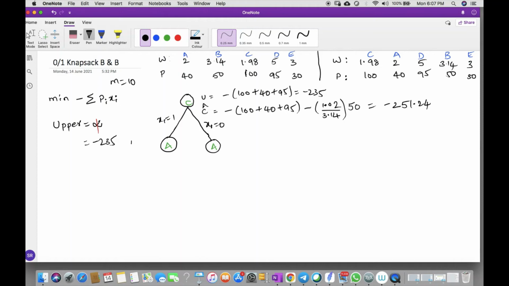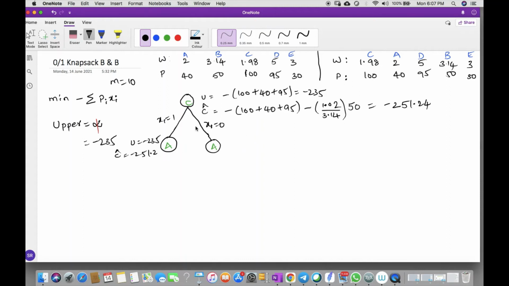So u would be minus 235 and c cap would be minus 251.2. So why are we using the same values? Because in the first case also we included it, so even if we work out now, we get the same value.